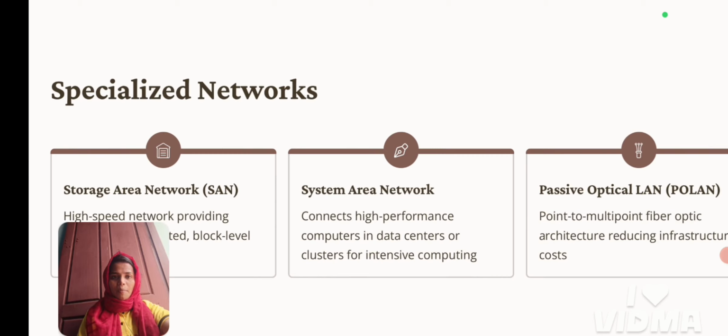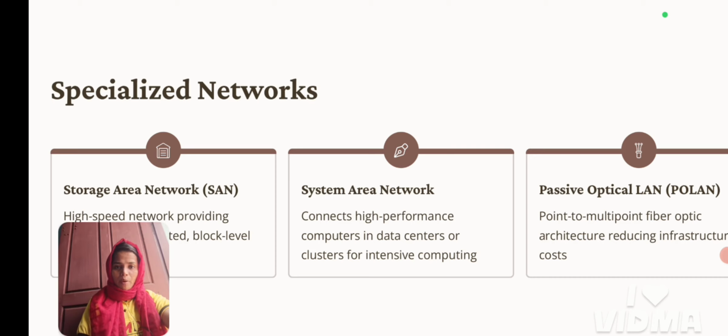Then system area network. System area network means it connects high performance computers in data centers or clusters for intensive computing. That means if I have one high performance computer and more than one low performance computer in my organization or company, I can distribute these systems.